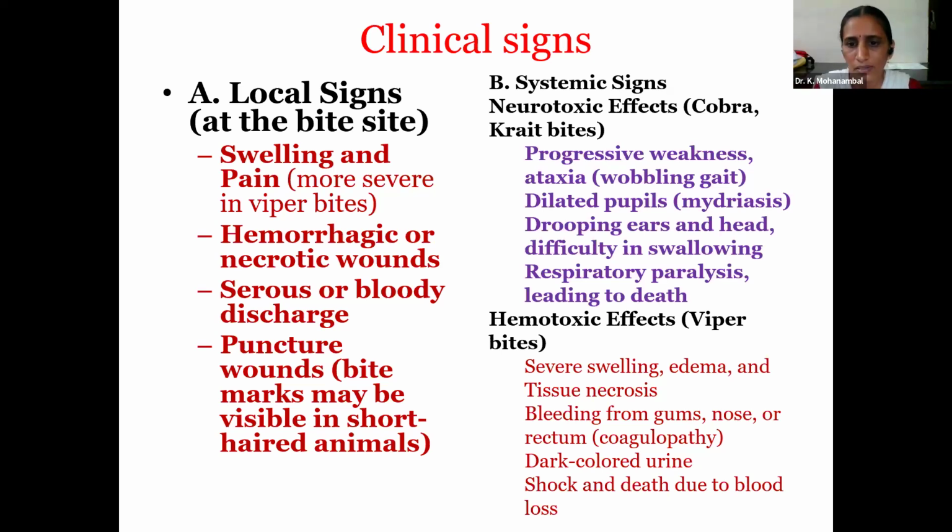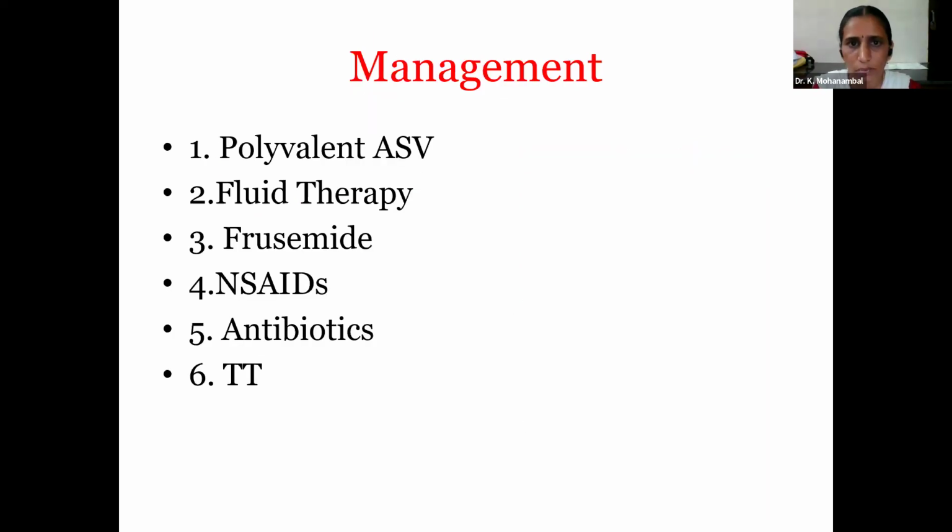In viper intoxication also, there will be bleeding gums. If severe toxication enters into systemic signs, there is bleeding from the gums, nose, and rectum because of coagulopathy, and dark colored urine, and then the animal will die very quickly. Shock and death will be there. You cannot save the animal.